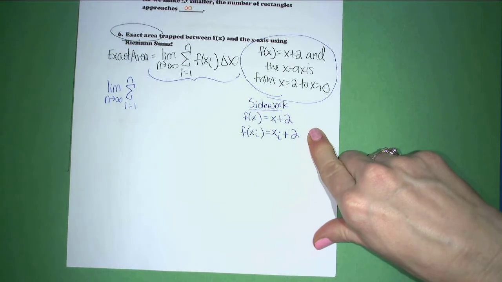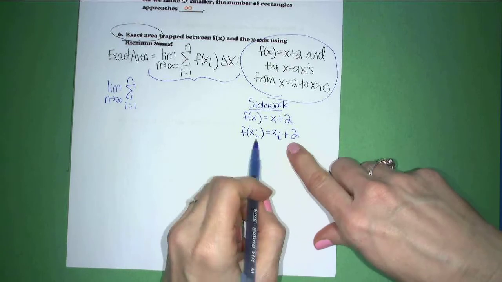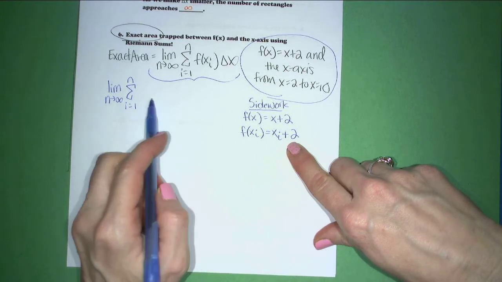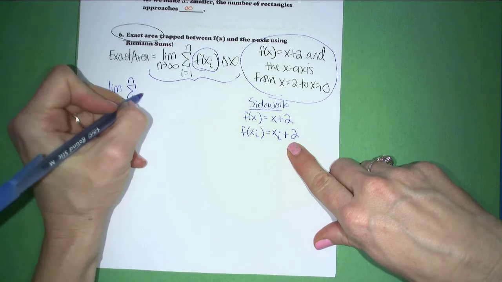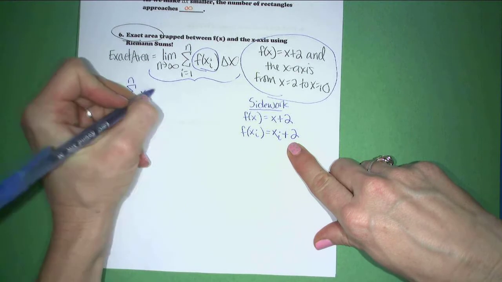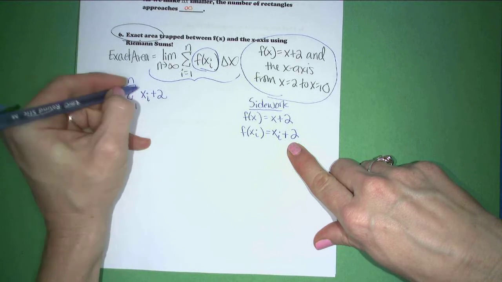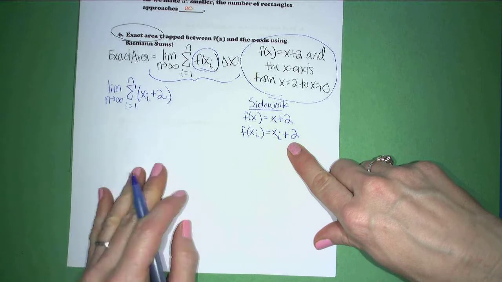So I'm going to click and drag this over here to my formula for f of x sub i. So it's going to be x sub i plus 2. Now we're going to multiply that by delta x.